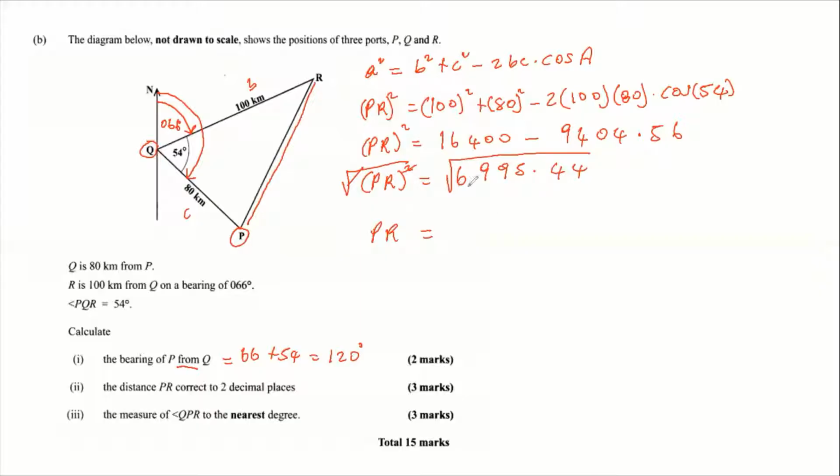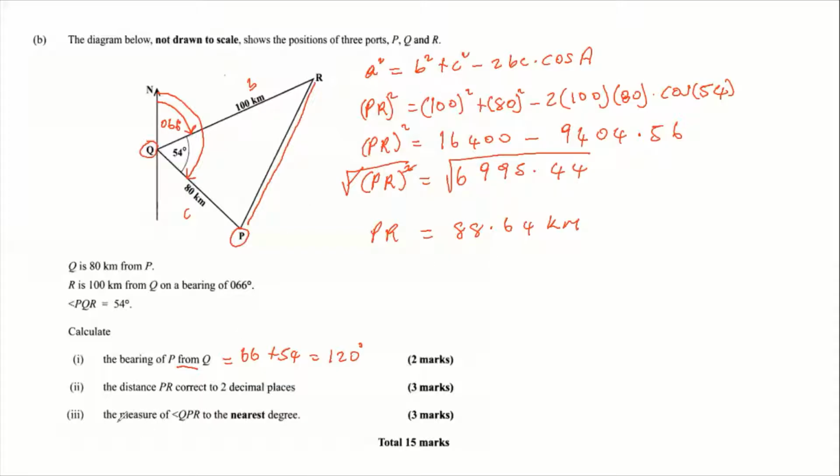And when we take the square root of this number, it's going to approximately give us 88.64 kilometers. So the distance of PR correct to two decimal places is going to be 88.64 kilometers. All right. So we're finished with that one.